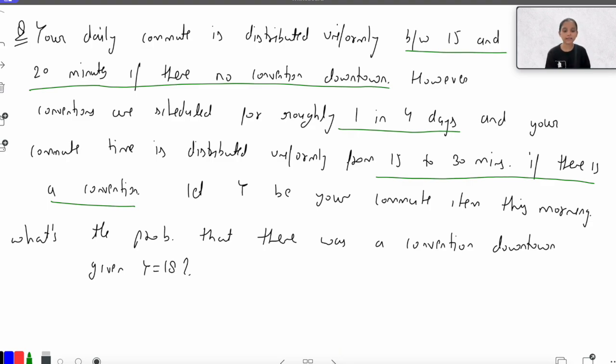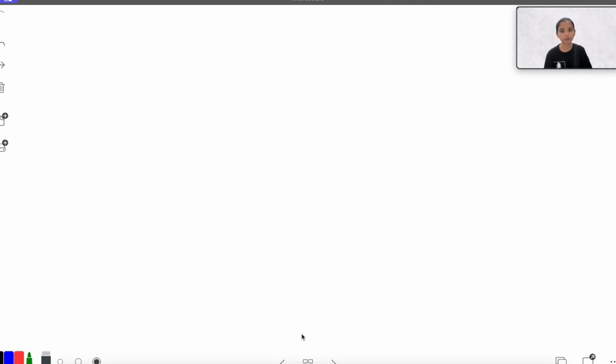Let's say that theta is the variable which denotes whether there is a convention downtown or not. Theta takes the two values 0 and 1: 0 when there is no convention, and 1 when there is a convention.